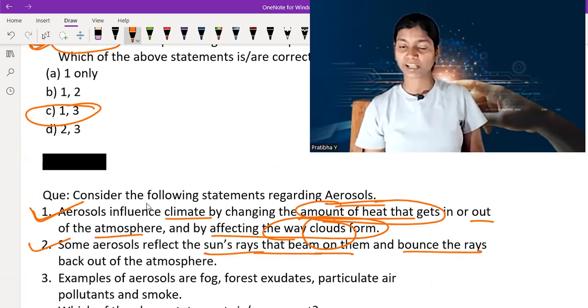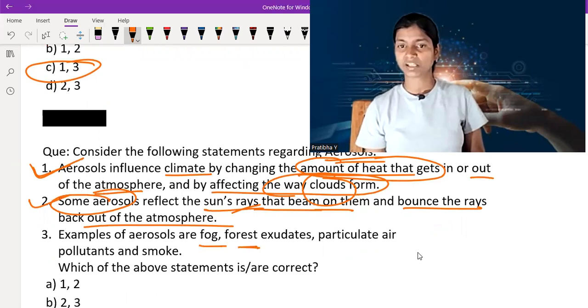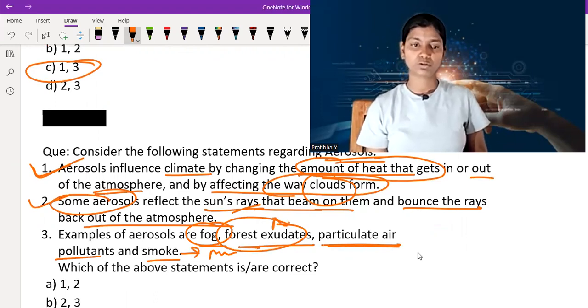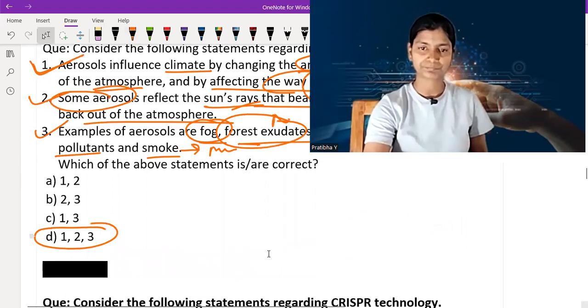Third, examples of aerosols are fog, forest exudates, particulate air pollutants and smoke. Particulate air pollutants and smoke are man-made aerosols, and fog and forest exudates are natural ones. So statements 1, 2, and 3 are all correct. That means option D is correct. Just check whether we're on the right path or not.